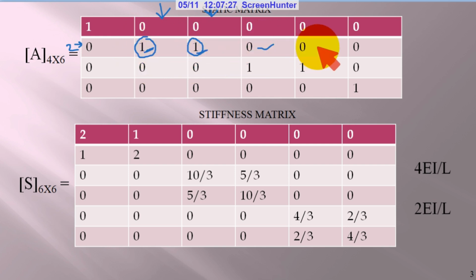Rest all elements 0. So when rotation is there, second rotation, the associated fixed end moments are 2 and 3. So second and third column, in second row I have written here 1 1, rest all elements 0.